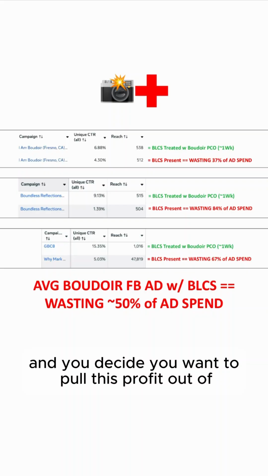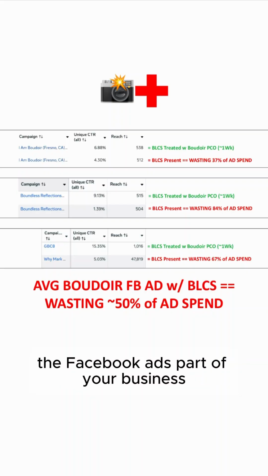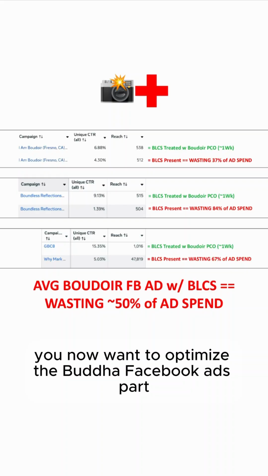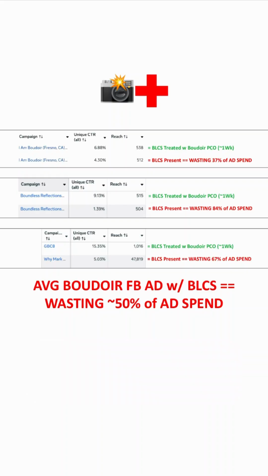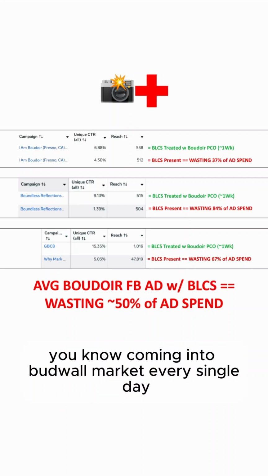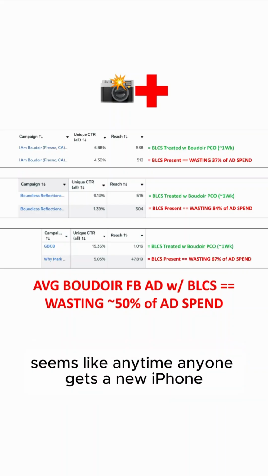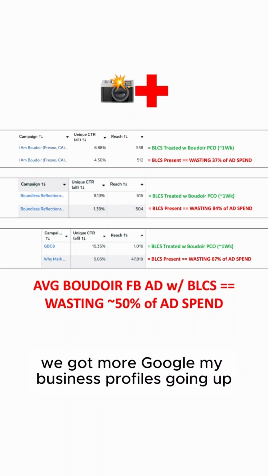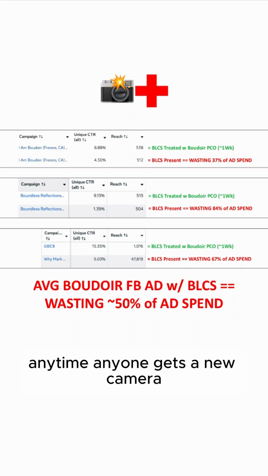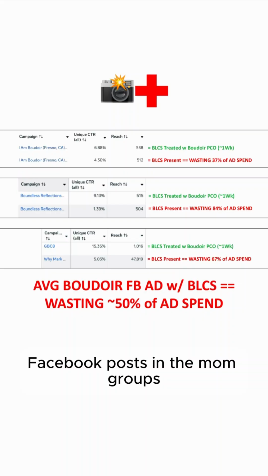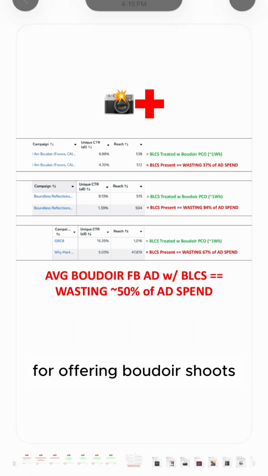And you decide you want to pull this profit out of the Facebook ads part of your business because you've been optimizing other parts of your business. So you now want to optimize the boudoir Facebook ads part because you see more women coming into the boudoir market every single day. Seems like anytime anyone gets a new iPhone, we got more Google My Business profiles going up. Anytime anyone gets a new camera, we're getting more Facebook posts in the mom groups offering boudoir shoots.